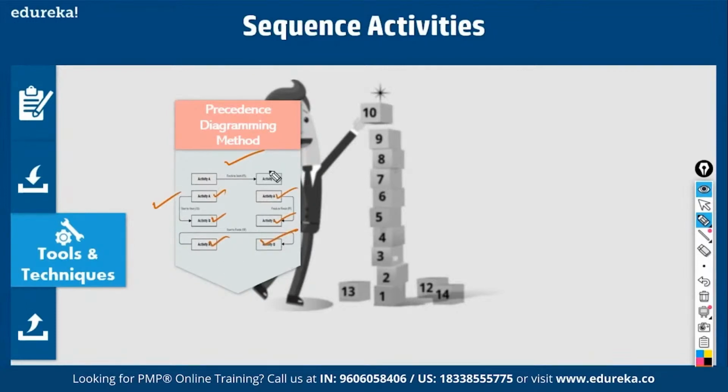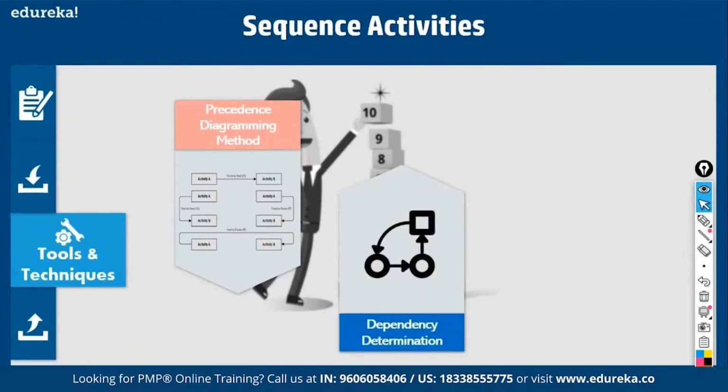So these are normally the four types of relationships you can use in coming up with network diagrams. Using these network diagramming techniques, you come up with network diagrams. Then dependency determination. That is what we saw now, right?